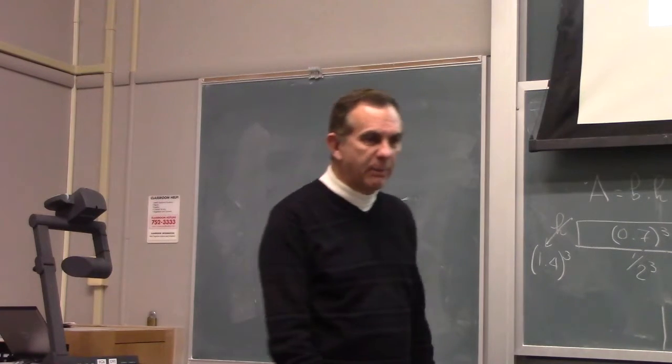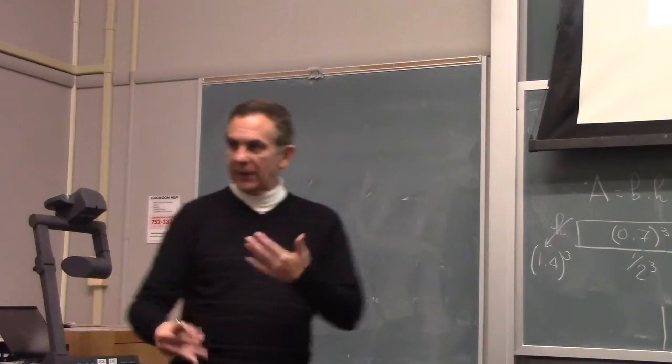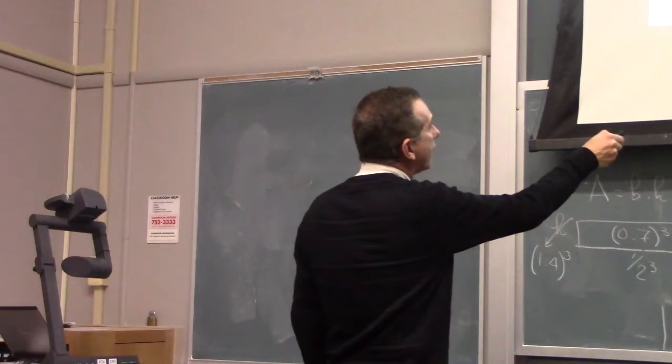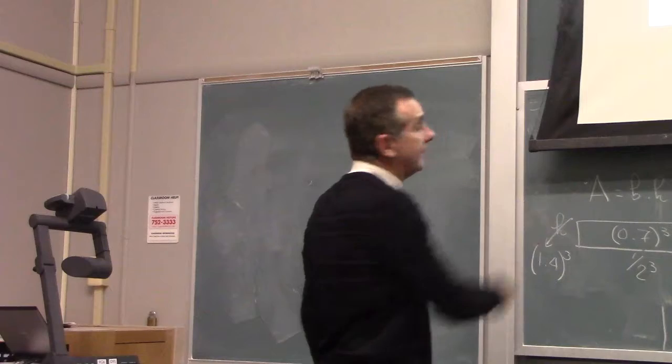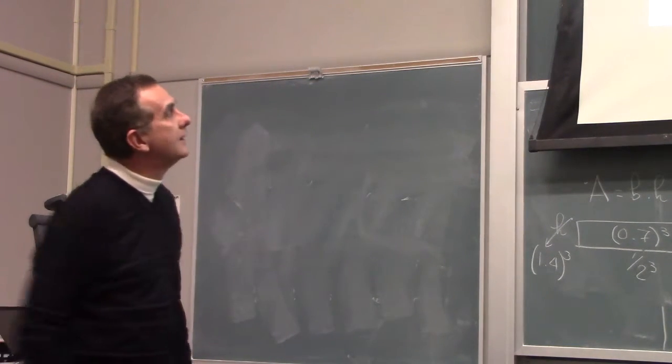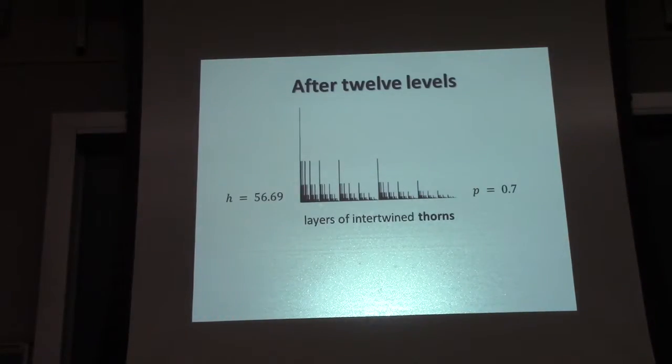It turns out that big and small are intertwined within the object. So for instance, before this big spike, there is almost nothing here. Okay? So let me summarize. There are layers of intertwined thorns that this game produces.